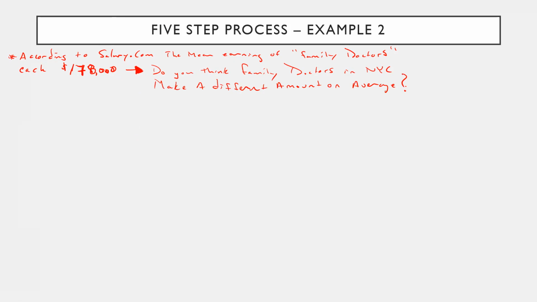Do you think the mean in New York City is different for some reason? Yes. Probably higher, okay? I agree that it's probably higher, but just for this problem, I want to test to see if the mean is different. So what's the key word in there that tells me what type of test this is? Different, two-sided, right? Yes, the key word here is different. And so that tells me it's going to be a two-tailed test.